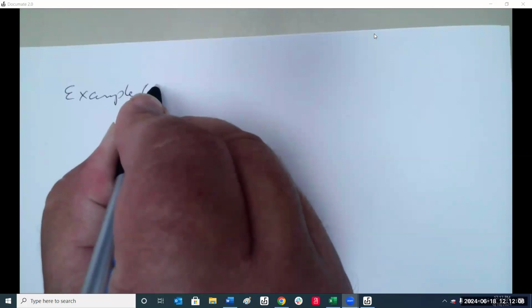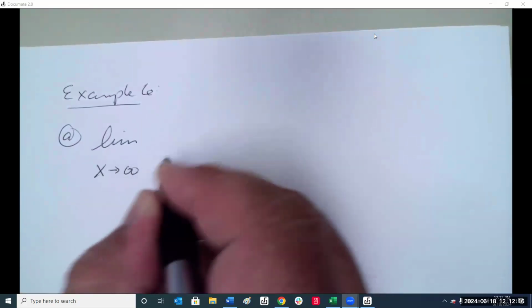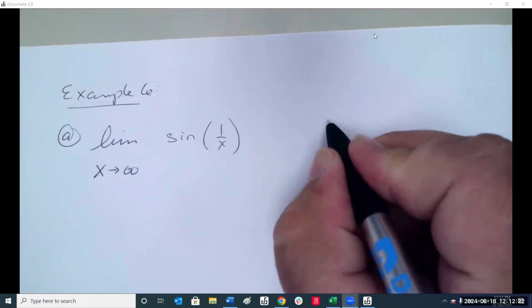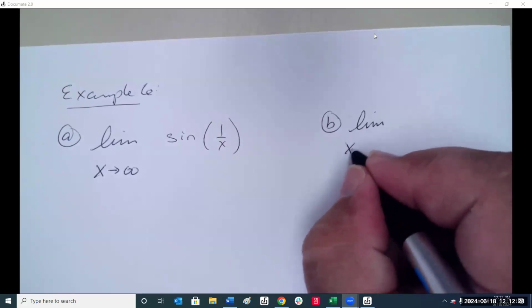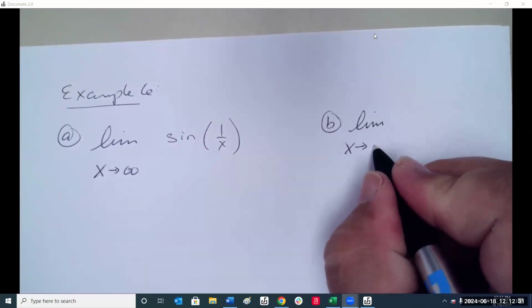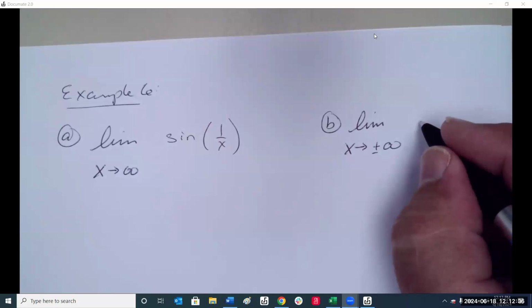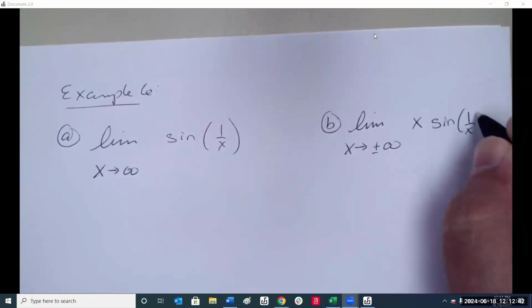Example 6. A, find the limit as x approaches infinity of sine 1/x. And B, the limit as x approaches plus or minus infinity of x sine 1/x.